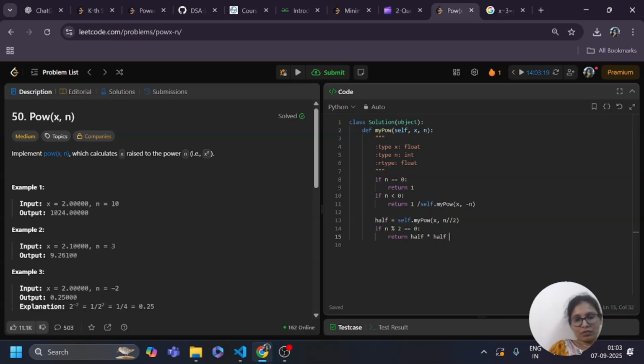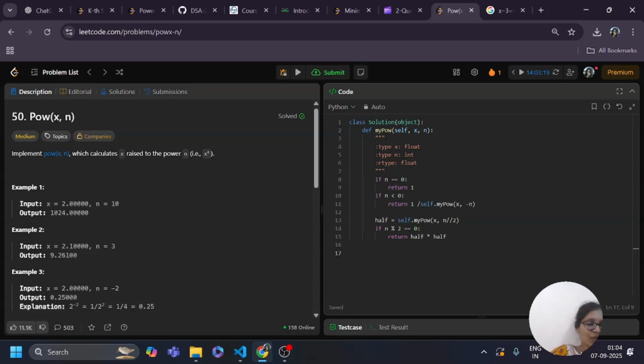So this is used to handle even numbers, like a power of even numbers, like 2 to the power 4. Where we got a remainder equals 0, it will handle it. If we got remainder equals 0, then we will handle it like this.